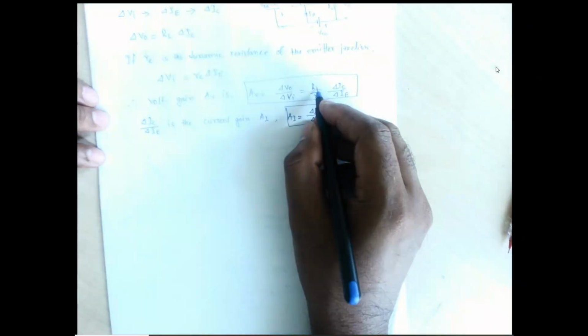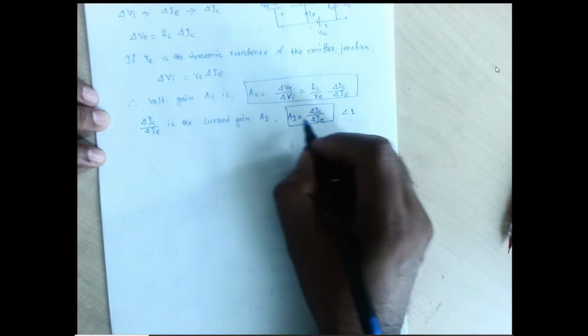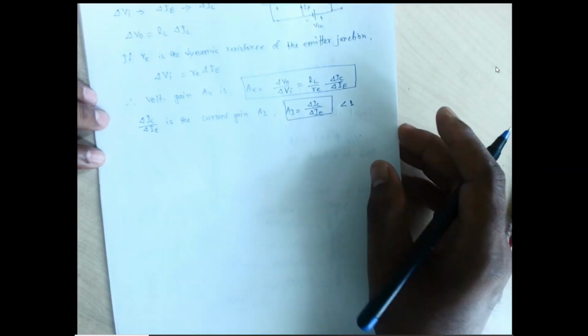Because IC is slightly less than IE. It is quite fine, no problem. But this RL is quite a bit greater than Re, much higher than this Re. So obviously this AV will be much larger than unity.